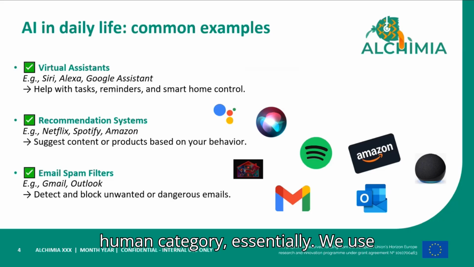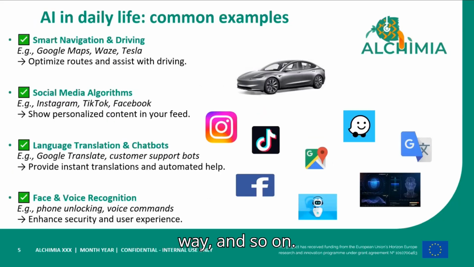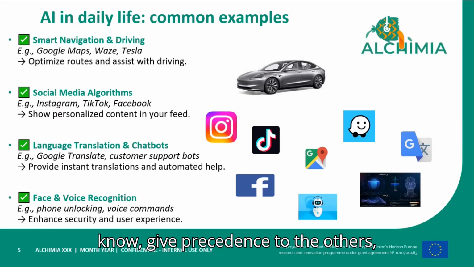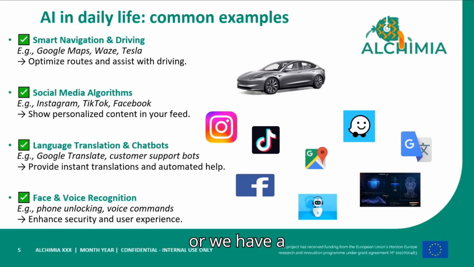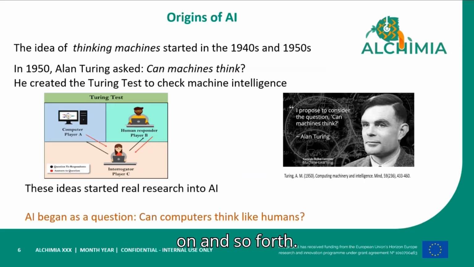We use it very often to filter spam in emails automatically. The Tesla car is full of artificial intelligence methodology to recognize signals, such as stop signals, or to give precedence to others. We also have a lot of this in social media, and in applications for language translation, and so on and so forth.